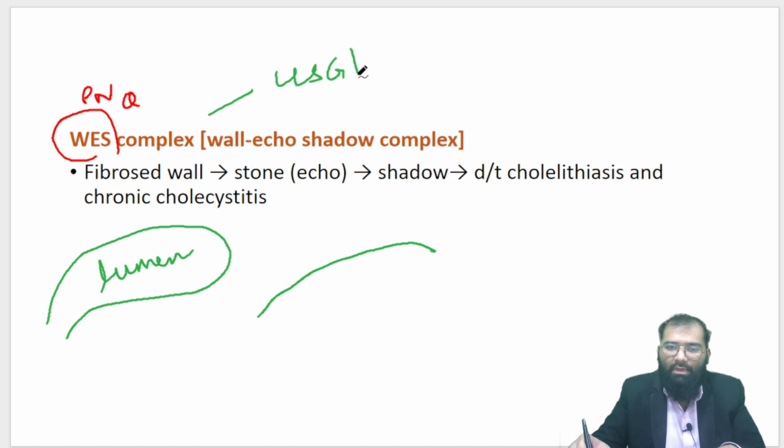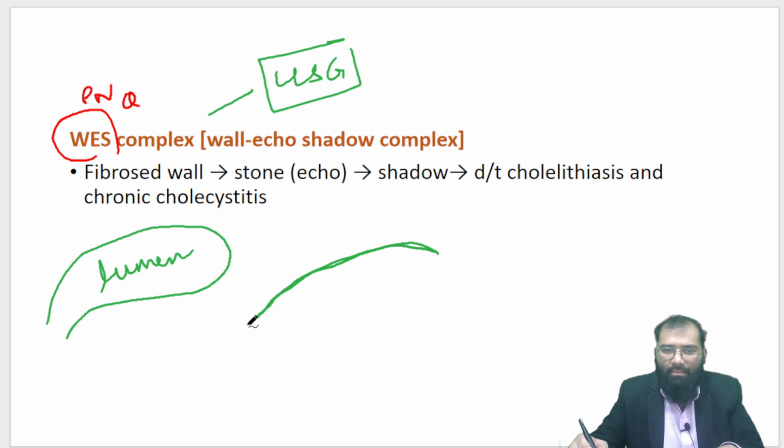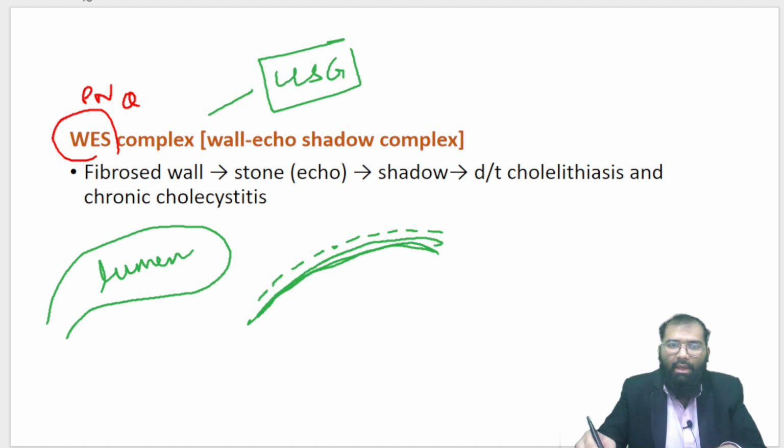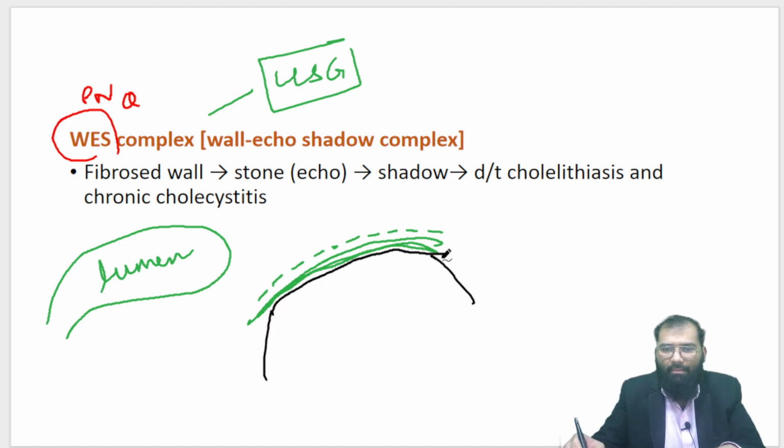On ultrasound, you see that the GB is shrunken. You see a hyperechoic area here. Then you see another lining. And beyond this, you see a dense shadowing. There is no lumen.